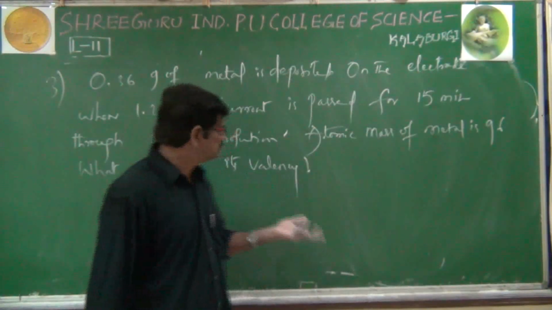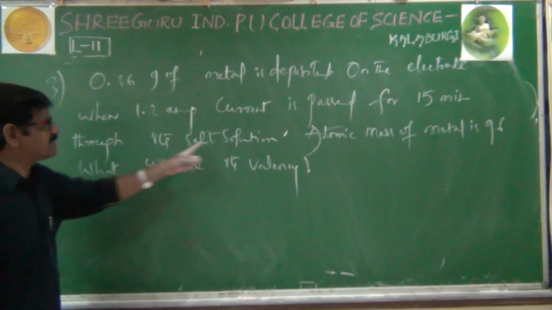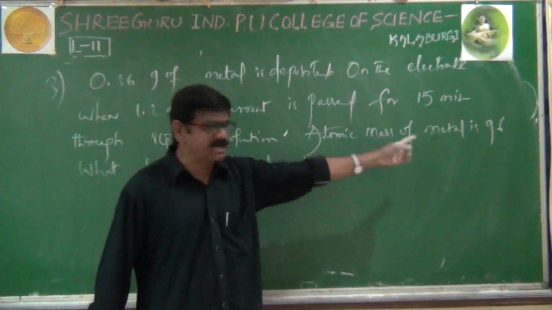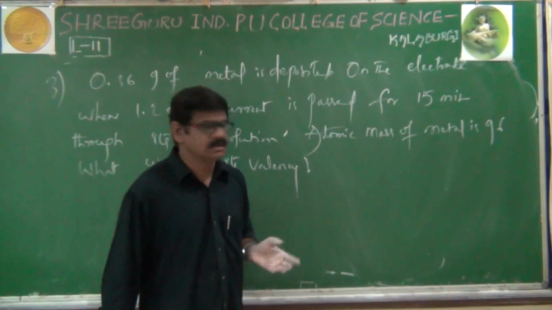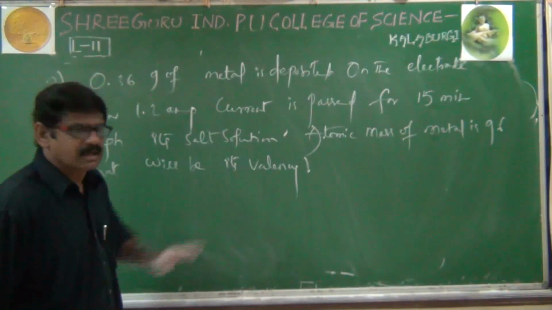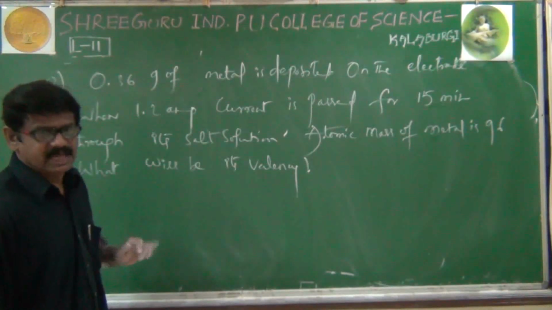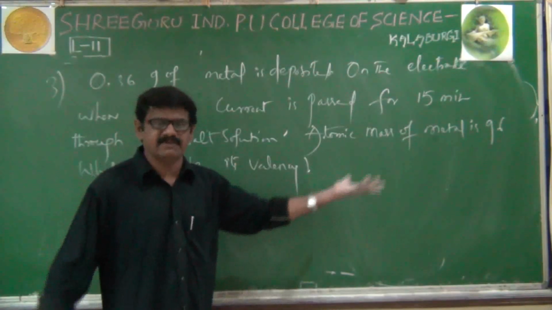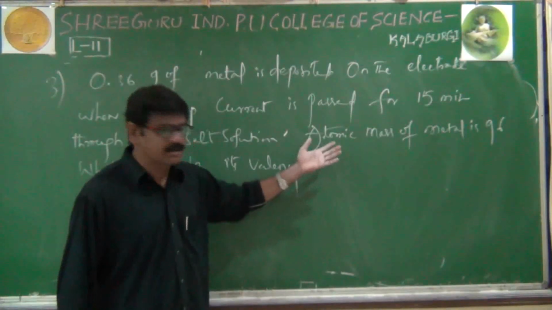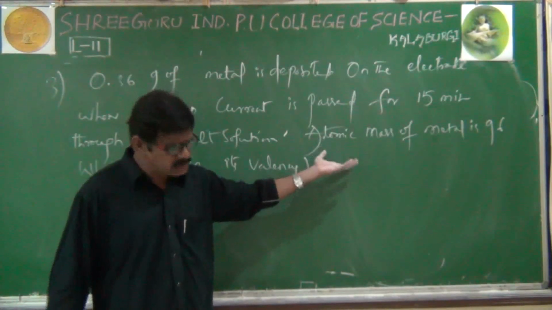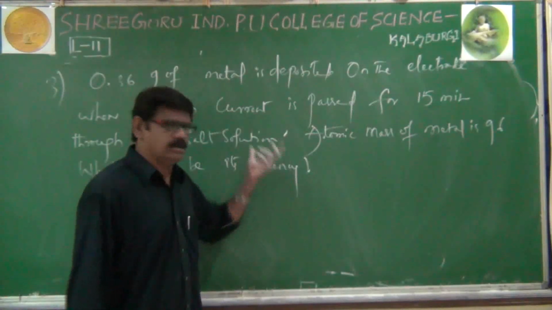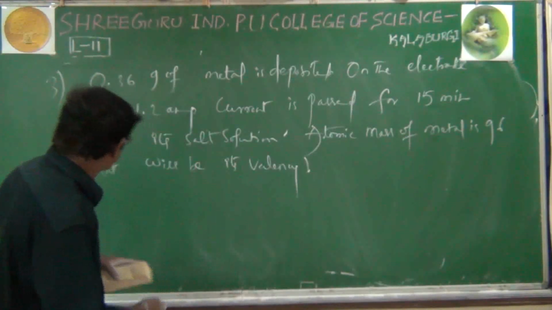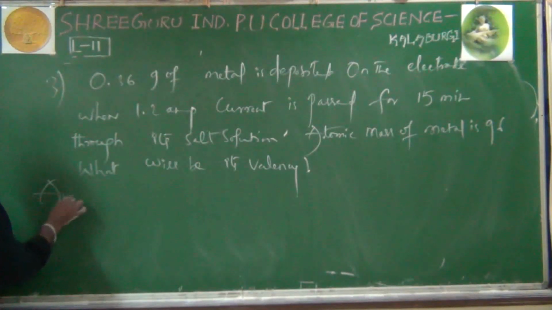Atomic mass of the metal is given, 96, and its valency is asked. The metal name is not mentioned; if it were, we could tell the valency directly. That's why the metal is unknown, and we'll try to find the valency value.